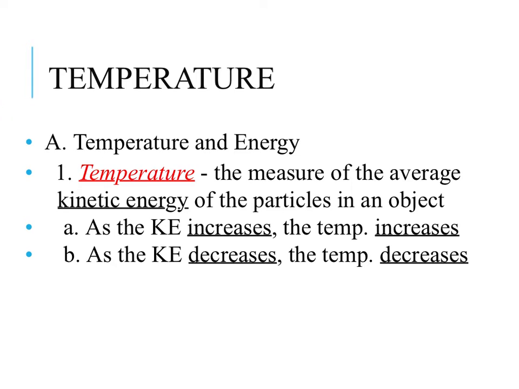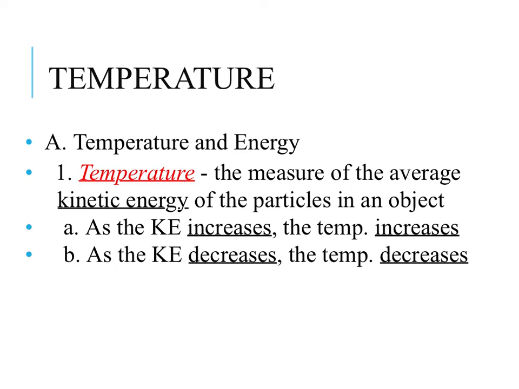So we have 3 different states of matter that we primarily focus on. Yes, there is a 4th, plasma, but we talk about solids, liquids, and gases, right? In which one are the particles moving the fastest then? The gas, right? The gas is going to be moving the fastest. Solids, we said, are just vibrating in place.